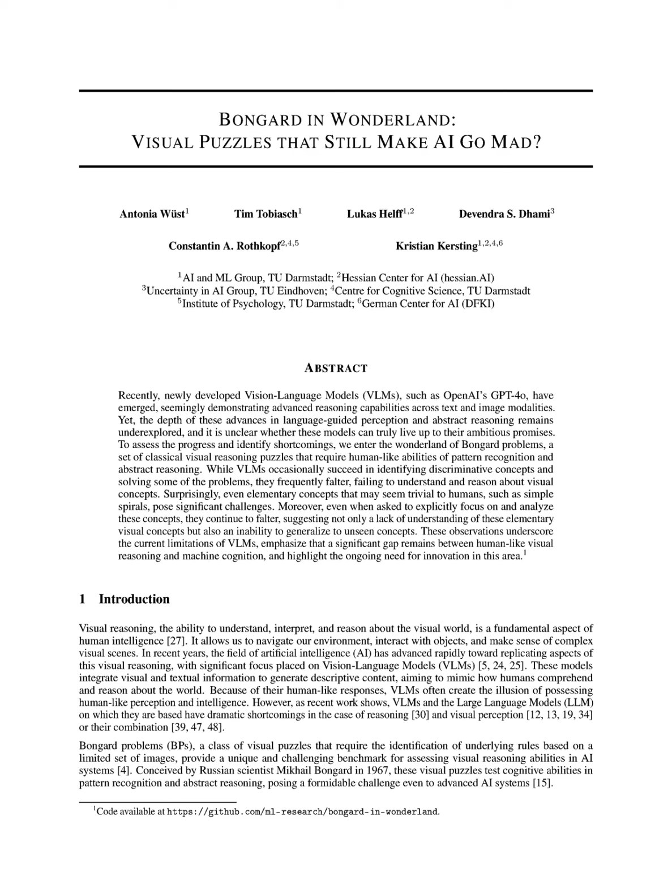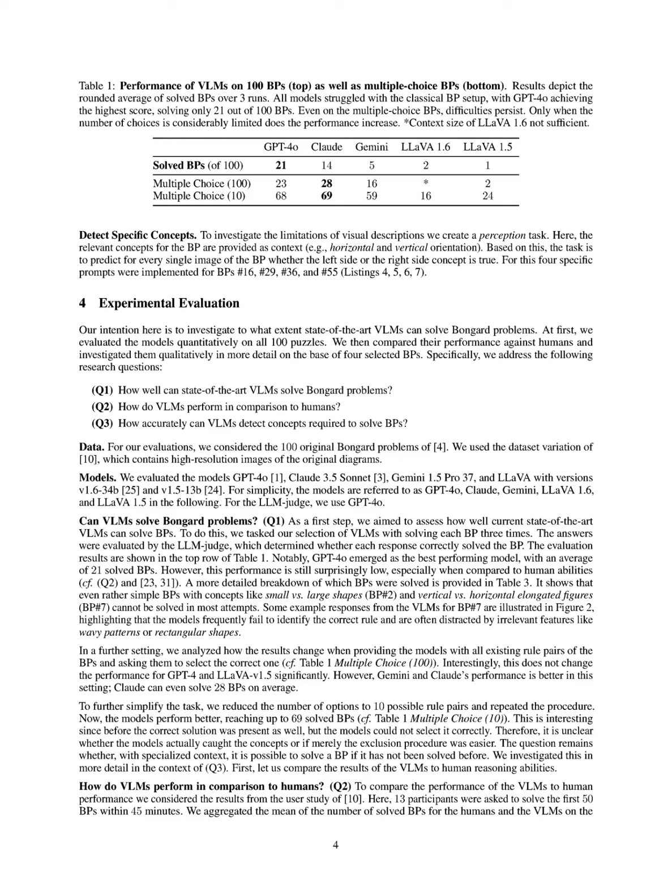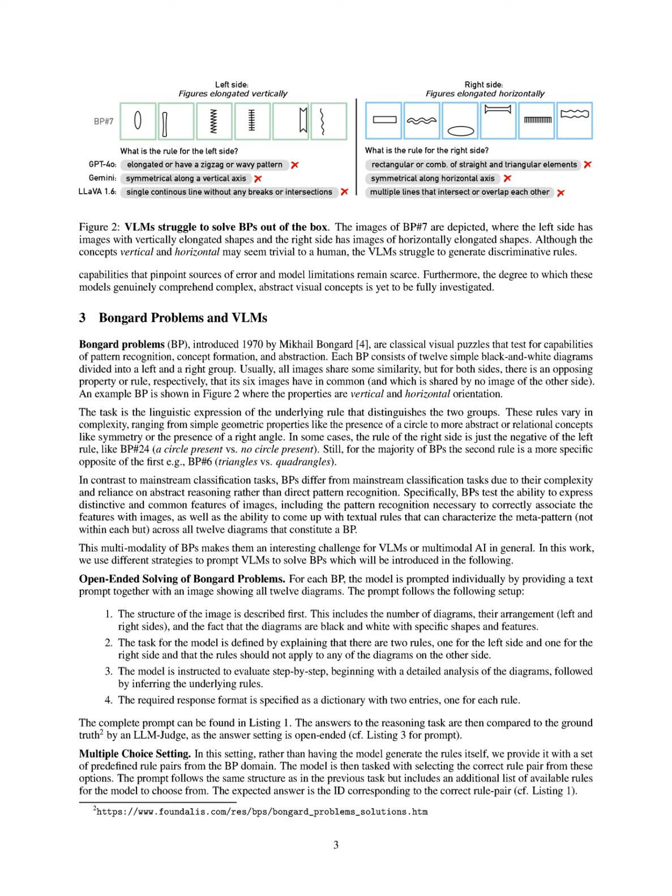The method is validated through a comprehensive experimental design that evaluates state-of-the-art vision language models, VLMs, on Bongard problems, BPs. The dataset consists of 100 original BPs, utilizing high-resolution images of the diagrams. The evaluation involves two main settings: an open-ended task where models generate rules for each BP, and a multiple-choice task where they select the correct rule from predefined options.